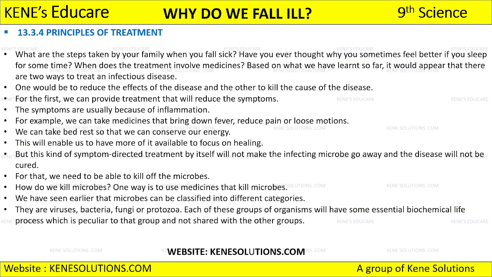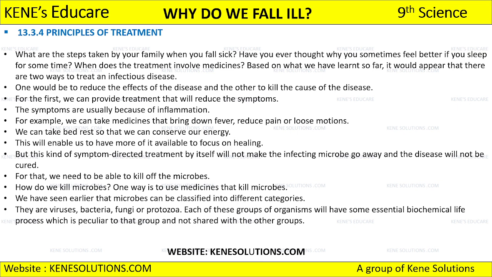So when does the treatment involve medicine? Based on what we have learned so far, it would appear that there are two ways to treat an infectious disease. Okay, how many ways? Two ways to treat an infectious disease. One is to reduce the effect of the disease and the other is to kill the cause of the disease.